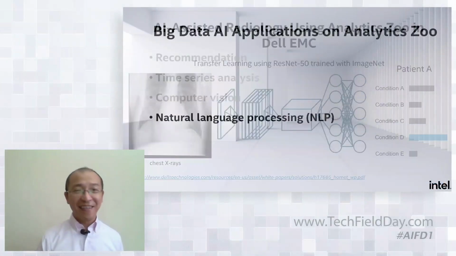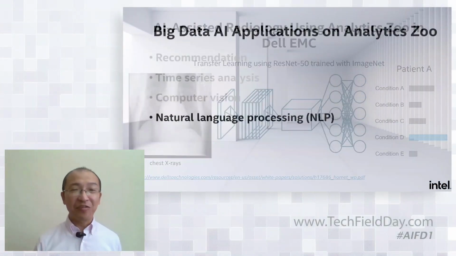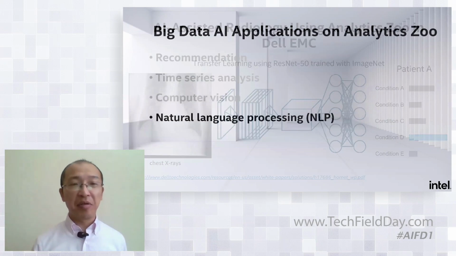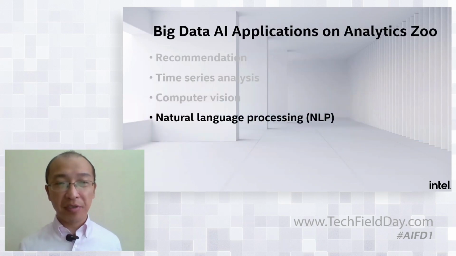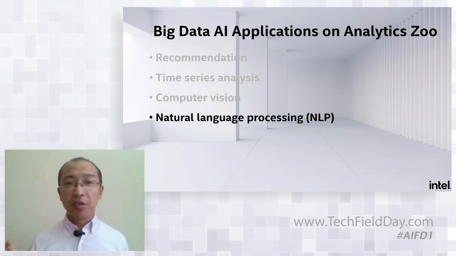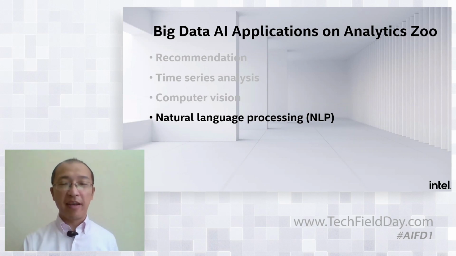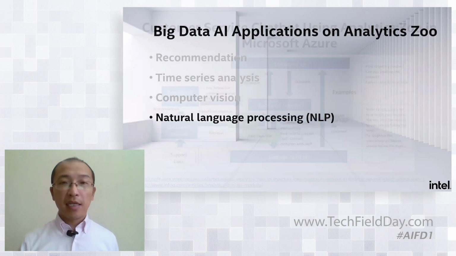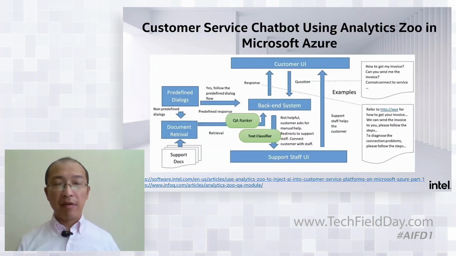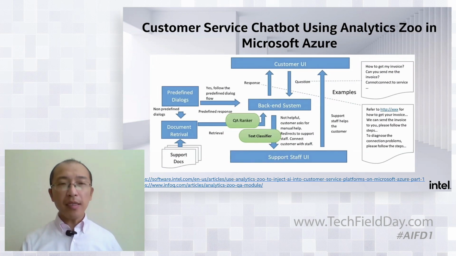So finally, in the last section, I want to talk about some of the natural language processing use cases people are building on top of Analytic Zoo. This is an example of Microsoft Azure. They actually have built a customer service chatbot. So you go to their UI, you can have a web UI or a UI on your phone.